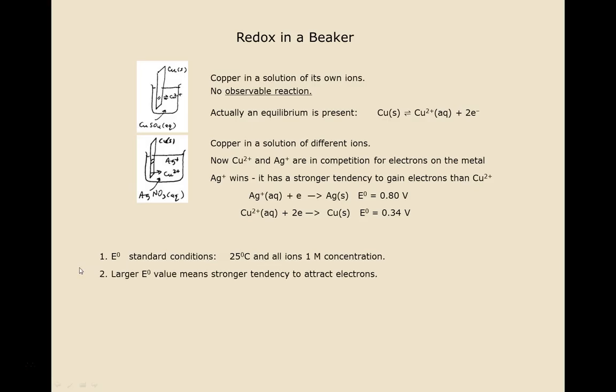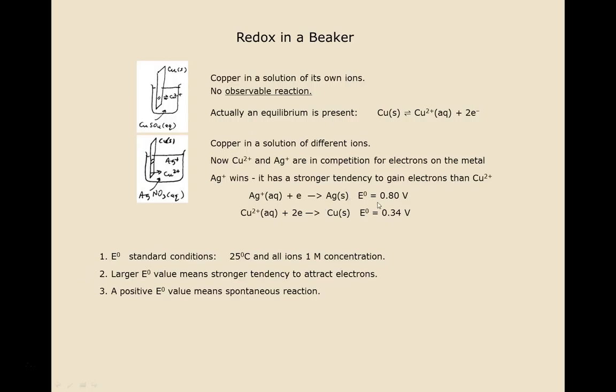Second idea is to understand that the larger the E0 value is, the stronger the tendency to attract electrons. Third point, a positive E0 value means the reaction is spontaneous. If you see a negative value in a reaction, it means that that reaction is not going to happen.